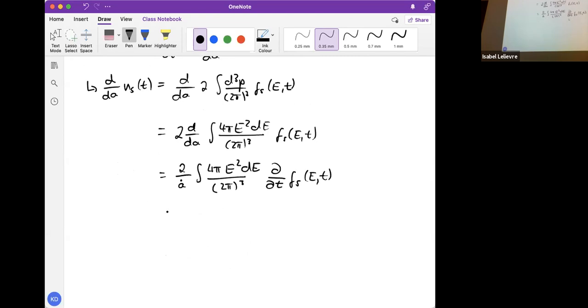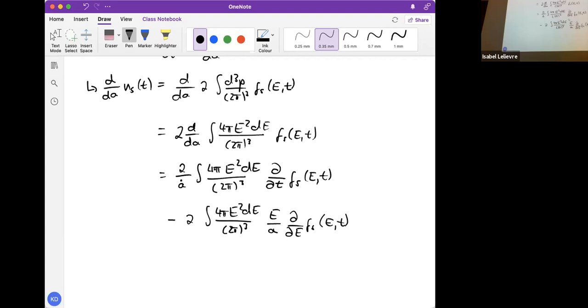Then there is a term minus 2 times integral 4 pi E squared dE divided by (2 pi)^3 times E over a times the derivative with respect to energy of f_s of E comma t.